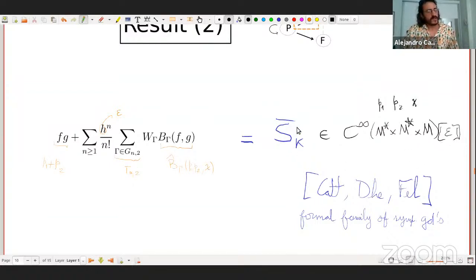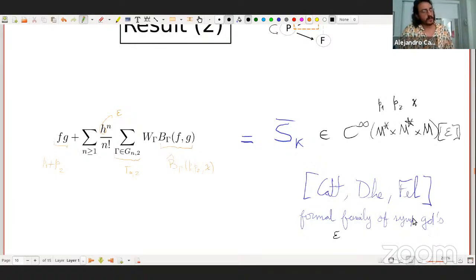So this formal family of functions was introduced by Cattaneo, Dherin, and Felder as an extract of Kontsevich's quantization formula that I'm going to explain in a second, in which sense it's an extract. And they showed that this particular extract of Kontsevich's quantization formula actually defines a formal family. So here, formal is because it depends on this epsilon parameter of symplectic groupoids.